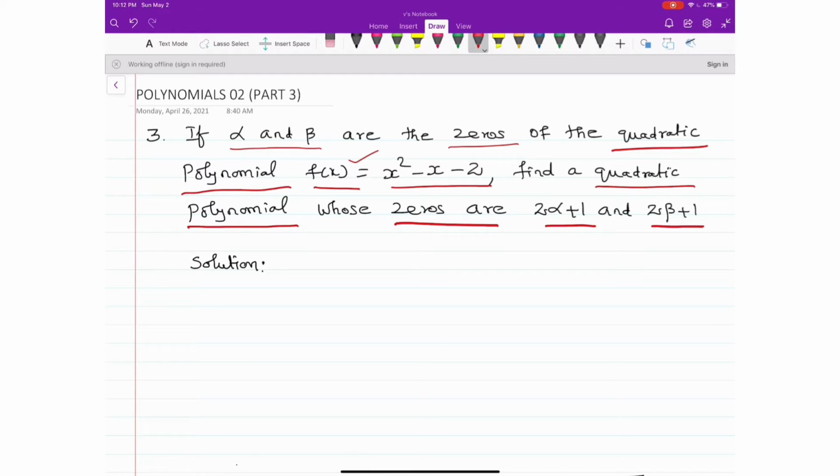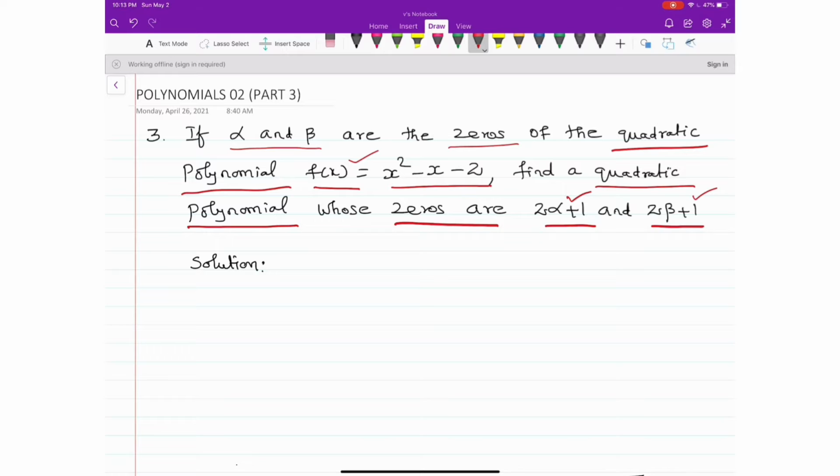Okay. After that, my job is to find out a quadratic polynomial whose zeros are 2 alpha plus 1 and 2 beta plus 1. Here again, I can find out the sum of the zeros of the required polynomial, which is nothing but 2 alpha plus 1 plus 2 beta plus 1.